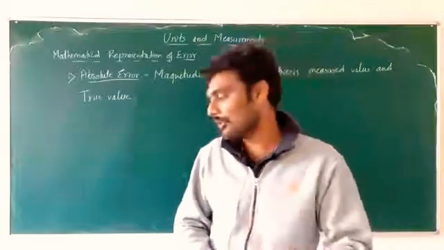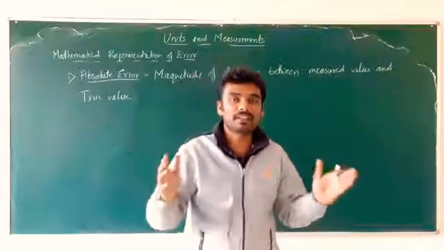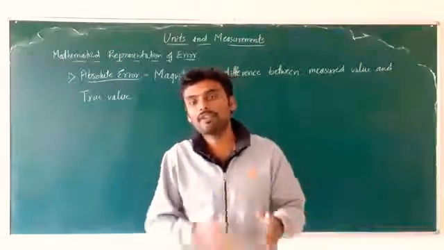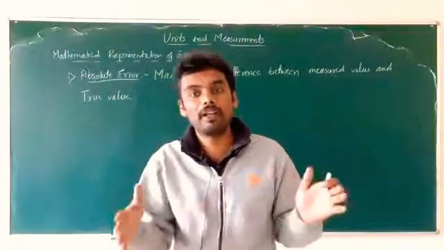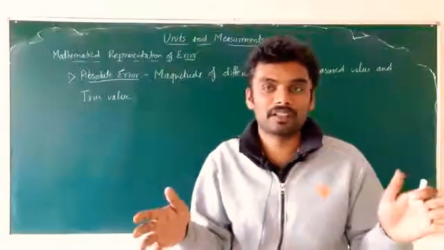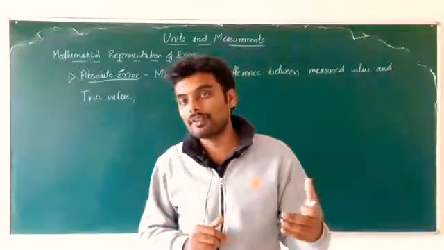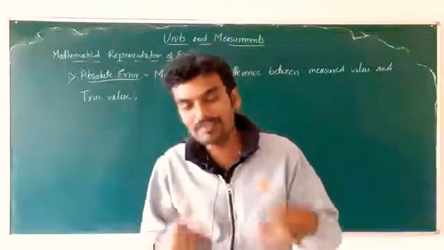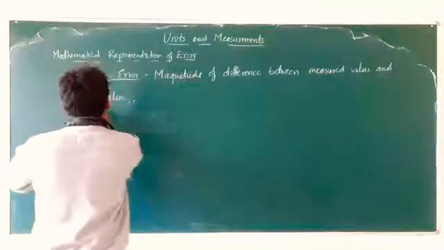For example, if I have a stick of certain length, a stick will not have any standard length or true value. It won't be there, isn't it? In that kind of situation, we ourselves need to get the true value.